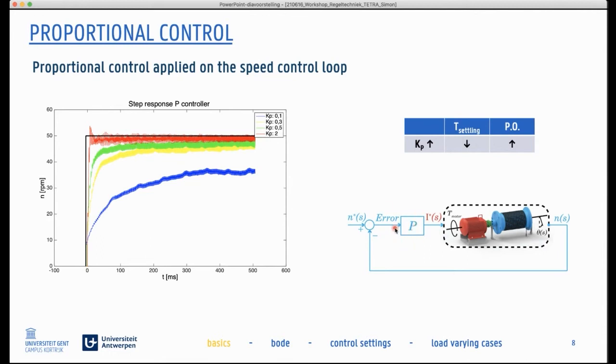So I said before, here we have an error in rotations per minute. The role of that proportional gain is to translate that error in rotations per minute to a value of the current. You can see if we take a gain of 0.1, that can be a conversion of RPM towards amps, then you get this response. If you see a response like that, you can think, oh, it's too slow.